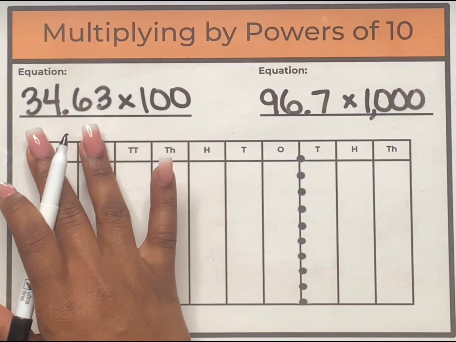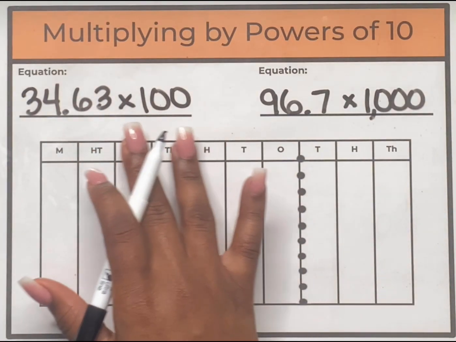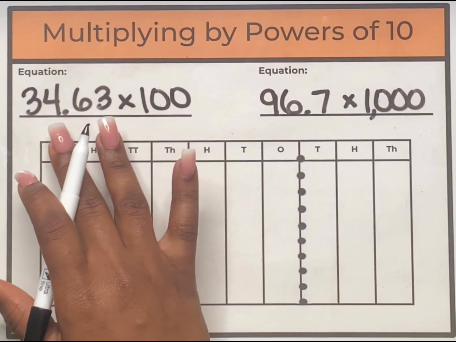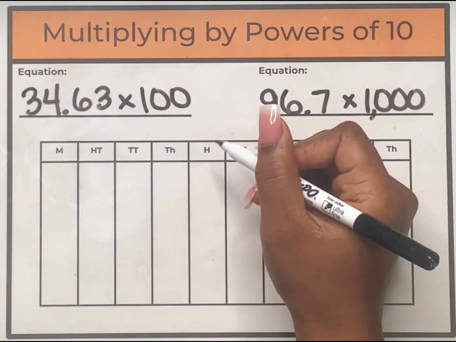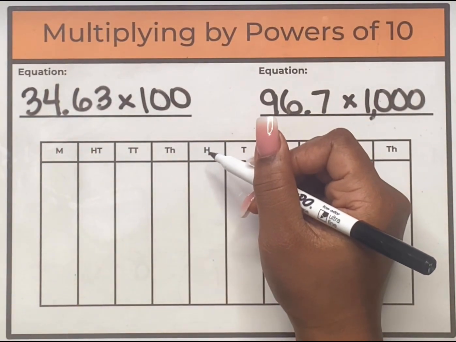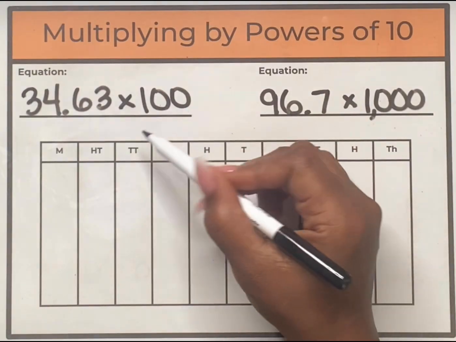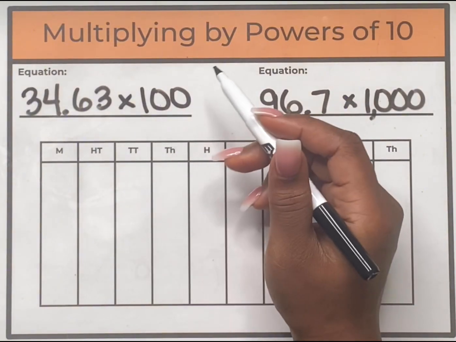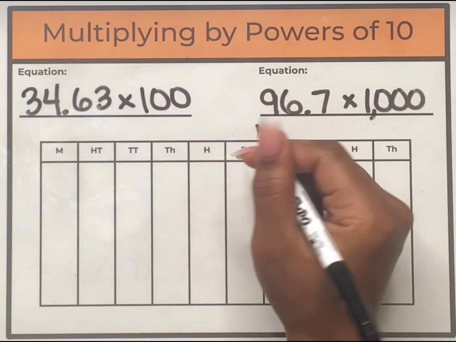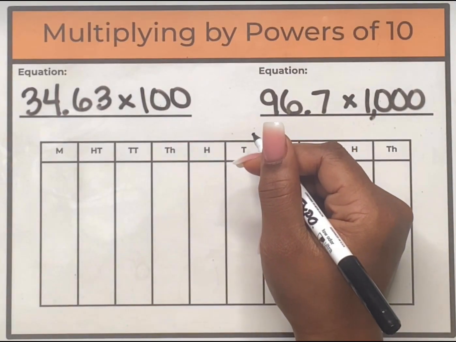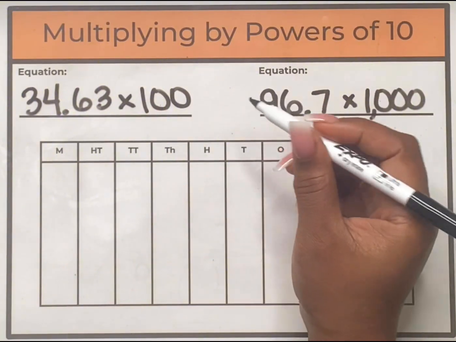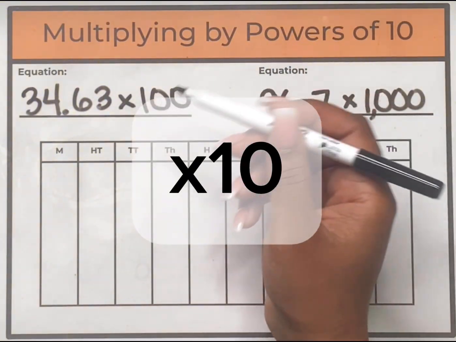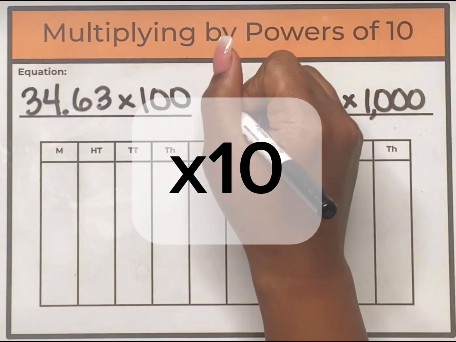So the first thing we're going to do is look at the equation. In number 1, we have 34 and 63/100 times 100. So we must first ask ourselves, what does multiplication mean we do inside the place value chart? Hopefully you said if we're multiplying, we're going to move our digits forward or to the left.